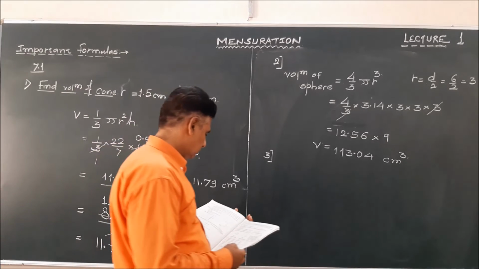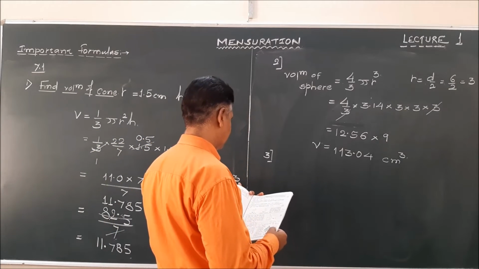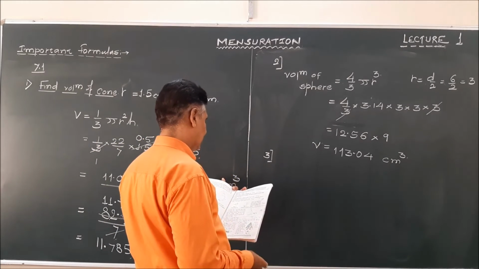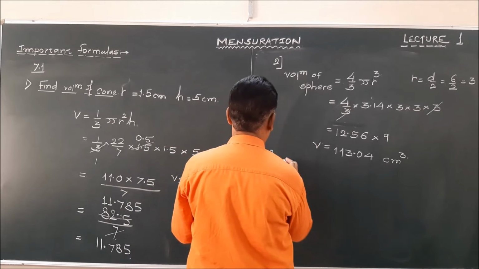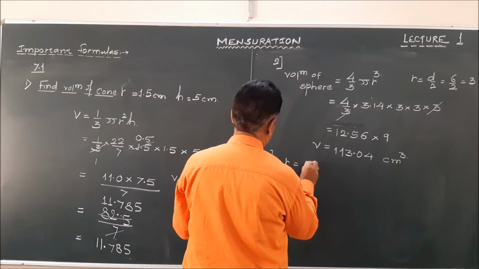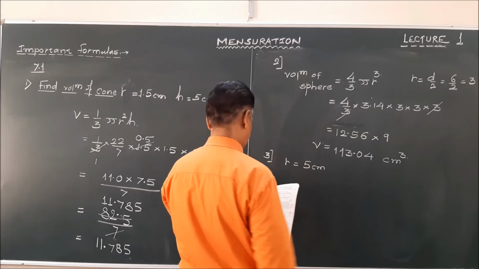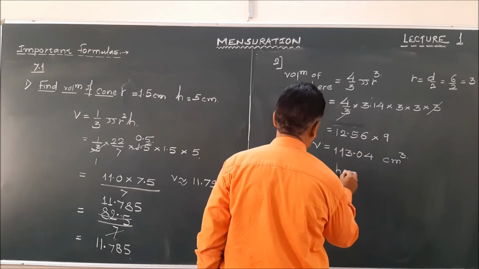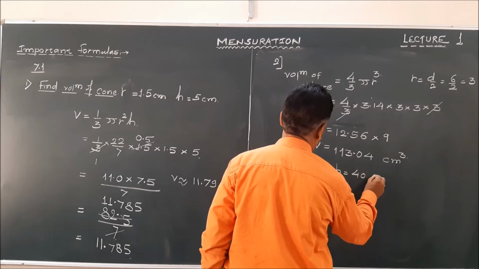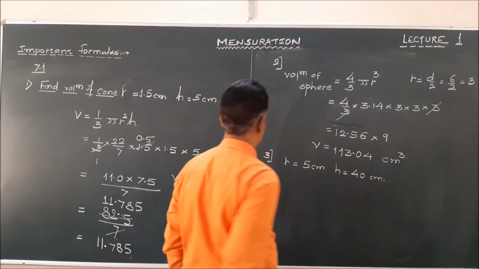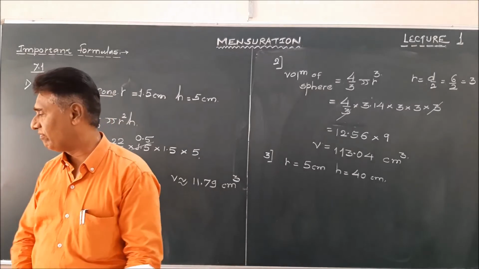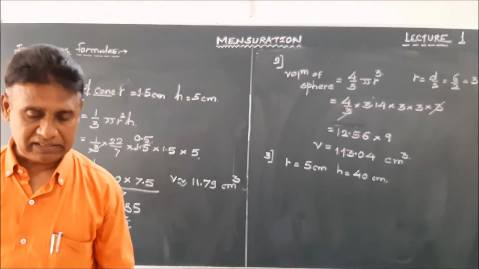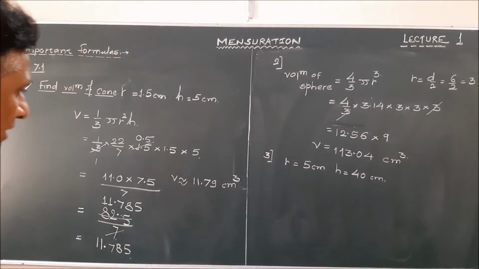Third one. Find the total surface area of a cylinder if its base radius is 5 centimeter and height is 40 centimeter. Radius of base is 5 centimeter, height is 40 centimeter.